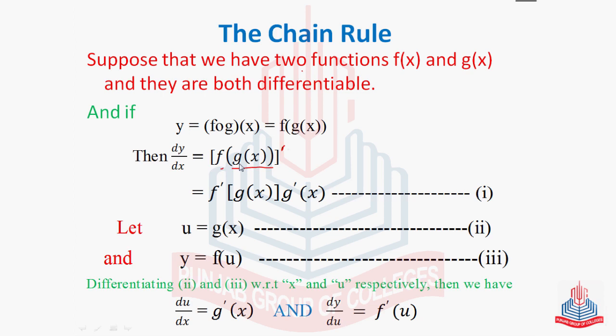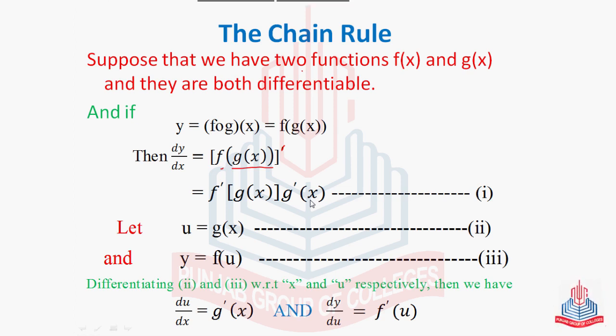So to find the derivative of such a function, we actually apply the derivative first on the outer layer. Means we apply the derivative first on f, so that will become f prime, and g of x will be as it is. And then we apply the derivative on the inner function, which is actually g of x, then that will become g prime of x.